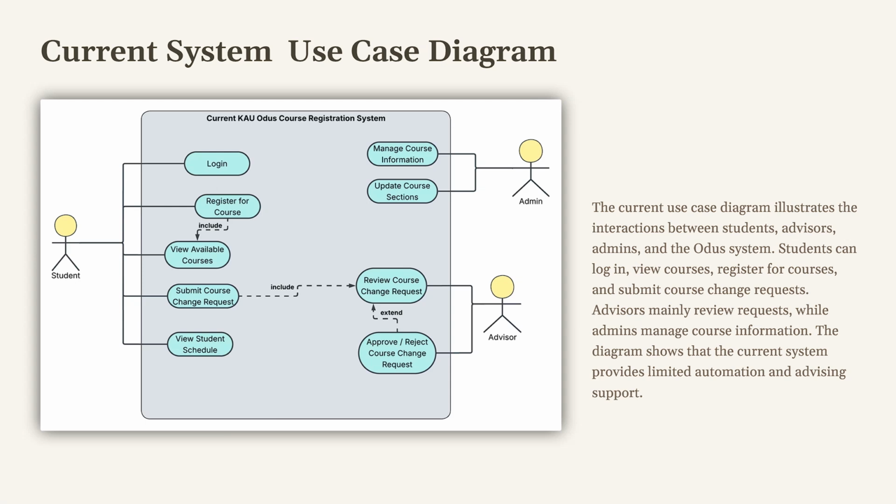The third actor is admin. Administration manage course information and update course sections inside the system. The use case diagram also shows the relationship between some system functions using include and extend relationships. For example, the register for course function includes viewing available courses, while approving or rejecting a course change request extends the review process.